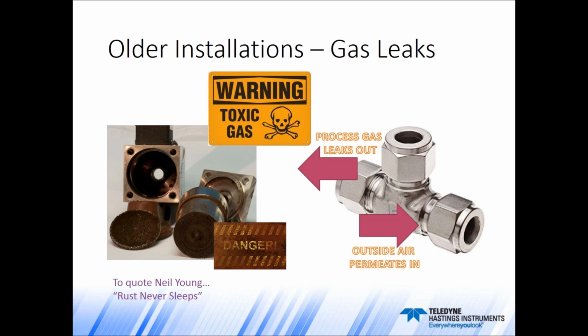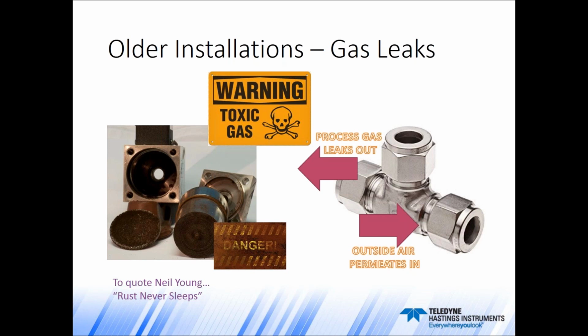Also, there's an inflow point of view that has to do with the gas leaks, and we're talking about the outside air, and specifically oxygen and moisture that could penetrate or permeate inside the flow path. Both are associated with very negative effects, and a corrosive or a toxic gas that will leak out of the containment, out of the system, will produce damages outside the system.